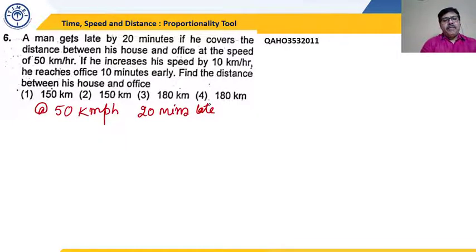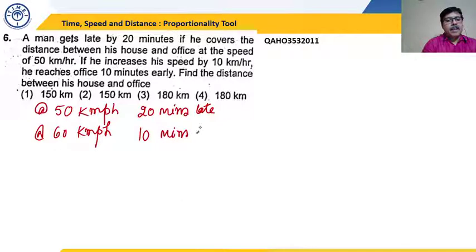Again, if he increases his speed by 10 km per hour, what is his new speed? Can I say 60 km per hour? He reaches the office 10 minutes early.